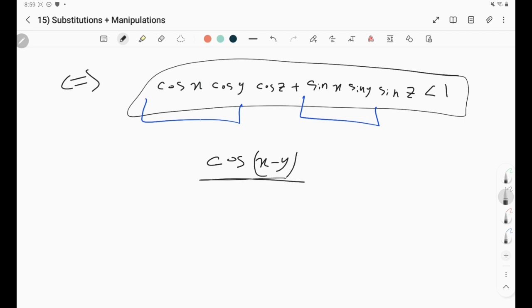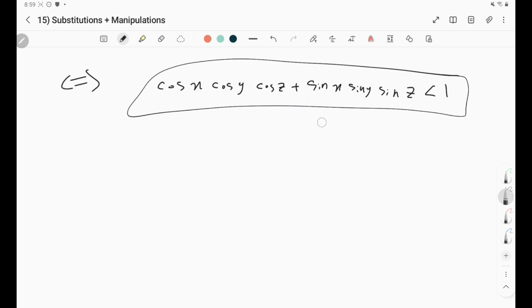Cosine of x minus y is equal to this plus this. However, here the problem is we have a cosine z and sine z. So what can we do? Well, we know that the trigonometric functions, cosine and sine themselves, are less than 1. So what we can simply do is the following. The LHS is less than, this thing is less than 1, and this thing is positive.